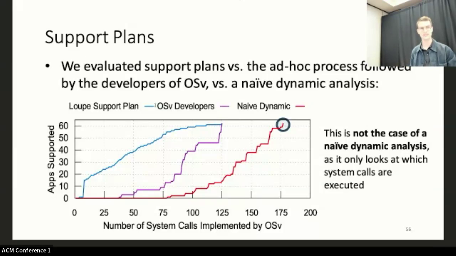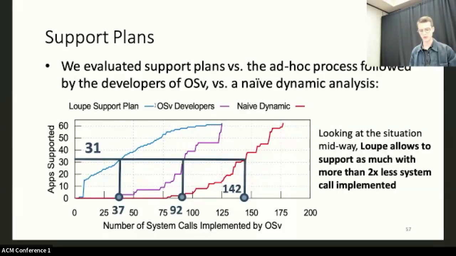However, that is not the case of a naive dynamic analysis, which expectedly finds that more system calls must be implemented overall. The most interesting is when looking at the situation midway. So for half of the applications supported by OSV, we can see that Loupe allows to support the same number of applications with 2 times less system calls.